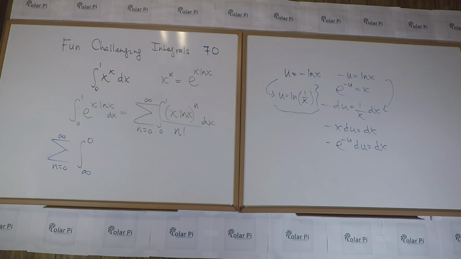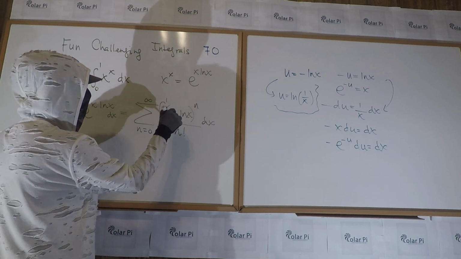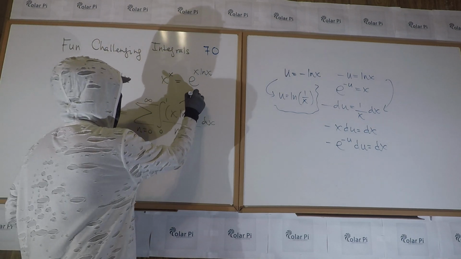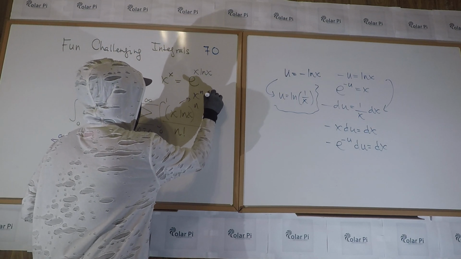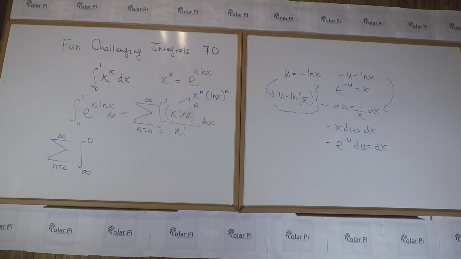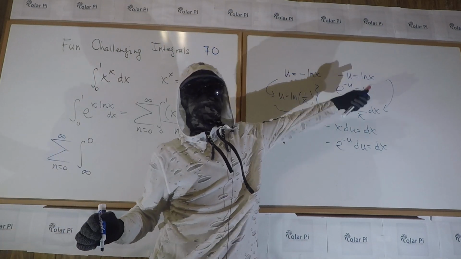And then clearly we have this here, right? x ln of x to the n is the same as x to the n and then ln of x to the n, right? So in it we have negative u to the n, because negative u is ln of x.